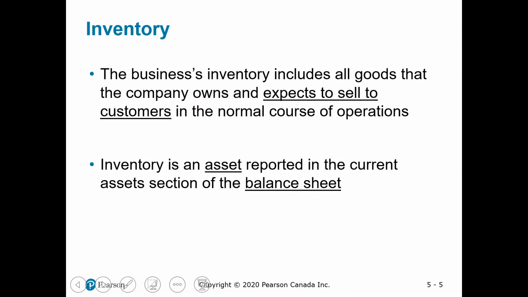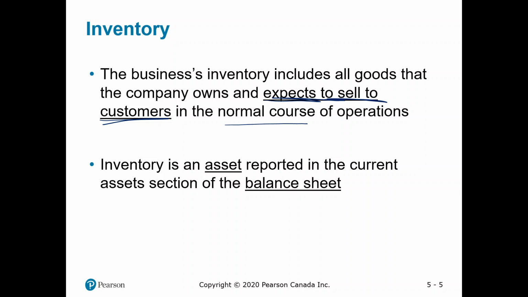Okay, so what is inventory? Well, inventory is the items that a business has that it expects to sell to customers. So it owns these goods and it expects to sell them to the customers in the normal course of business.